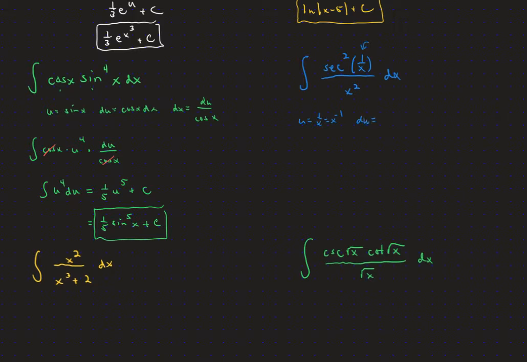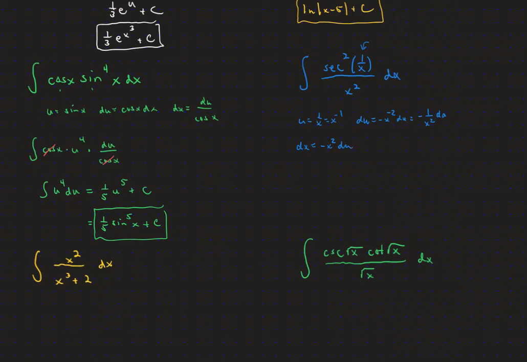So that means its derivative is going to be negative x to the negative 2 dx, which we might want to think of as negative 1 over x squared dx. To solve for the dx, we're going to multiply by a negative x squared to the other side. So dx is going to be negative x squared times du.